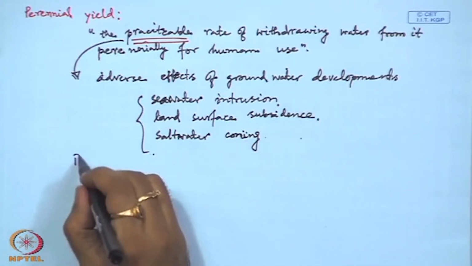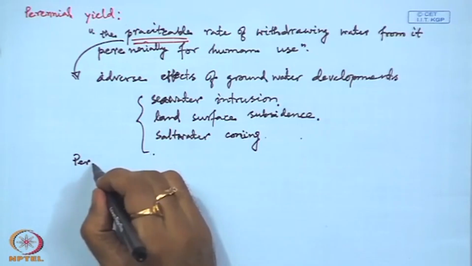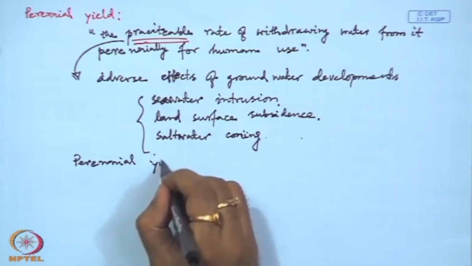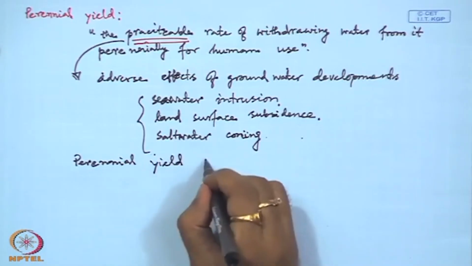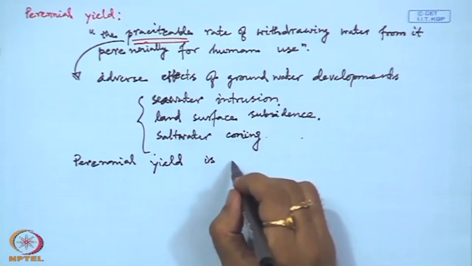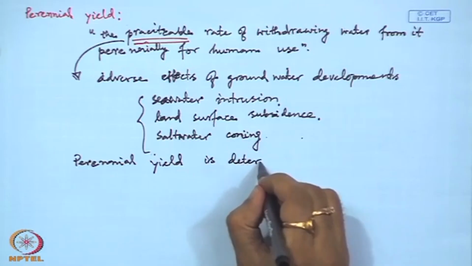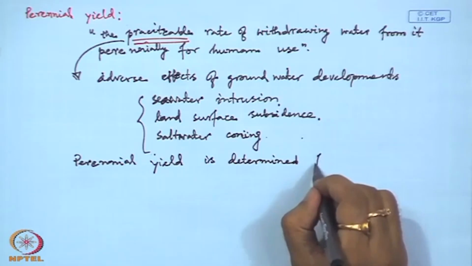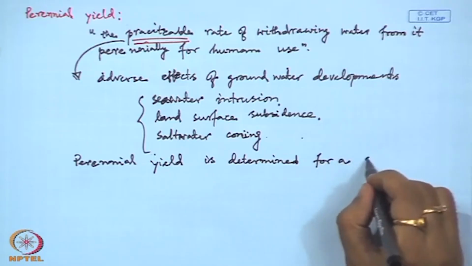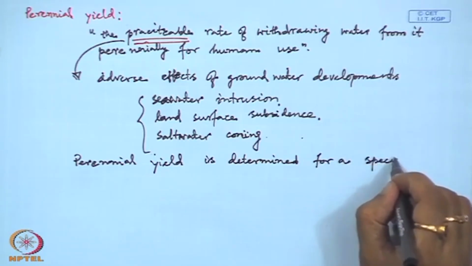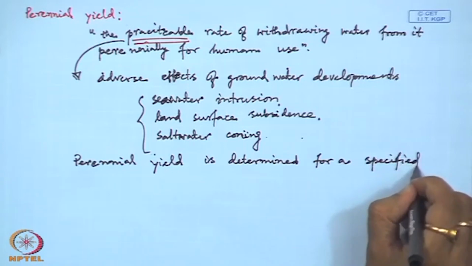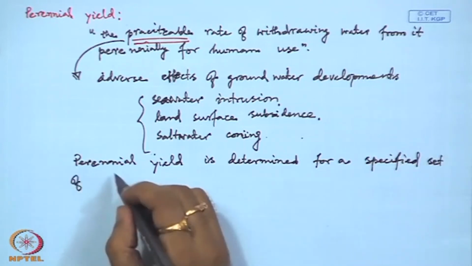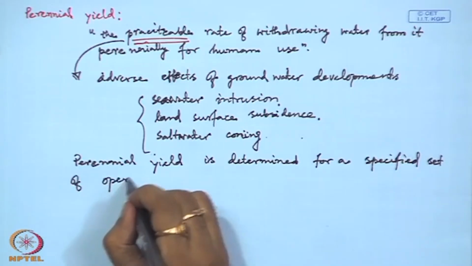So, perennial yield, we can say that this perennial yield is determined for a specified set of operating conditions.